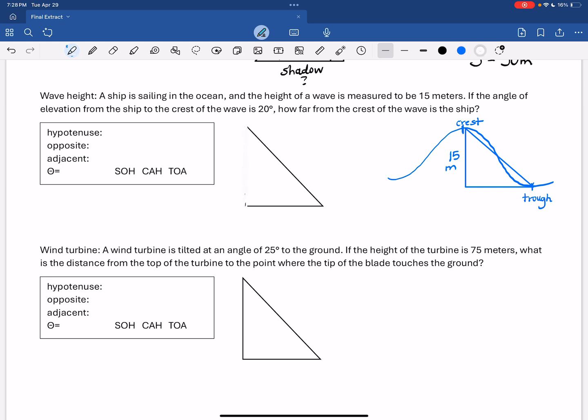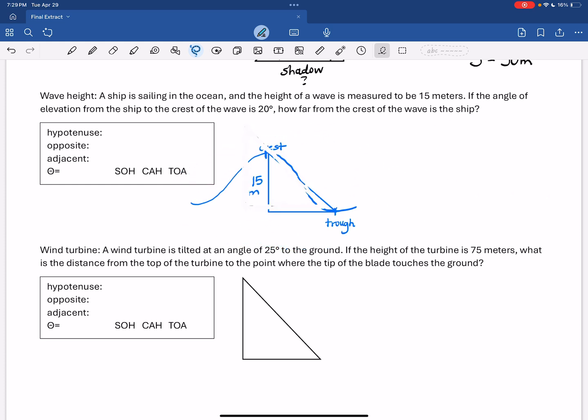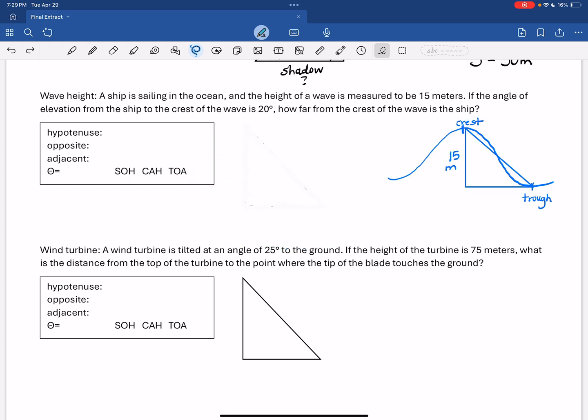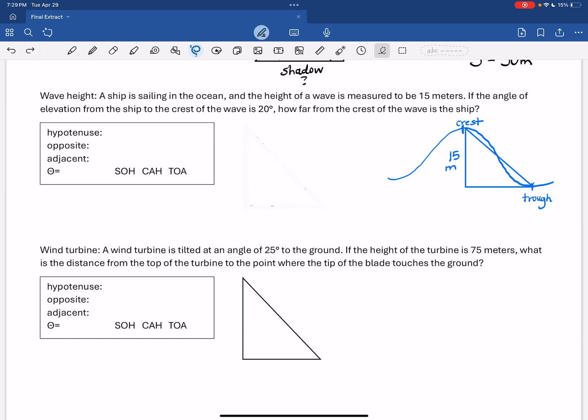And for some students, this can be really problematic because you don't think of a wave as a triangle. I also want you to understand a little bit about wave theory. So let's bring this over here. This is our picture. It's putting that white line in there. So let me move it back over here.